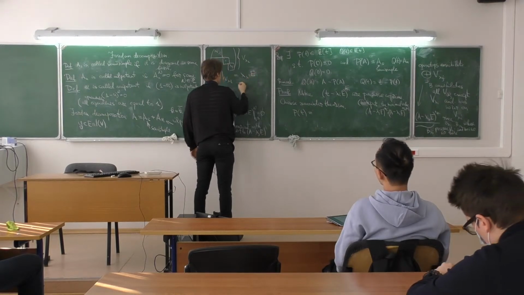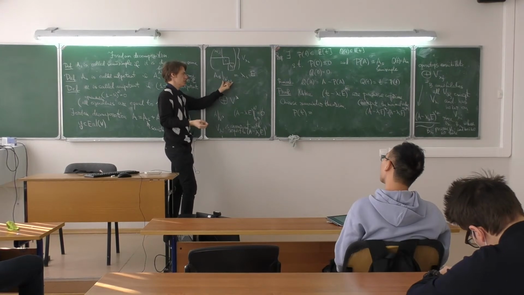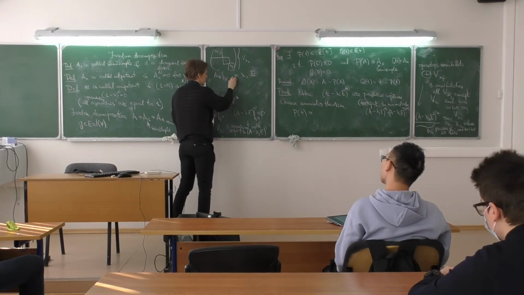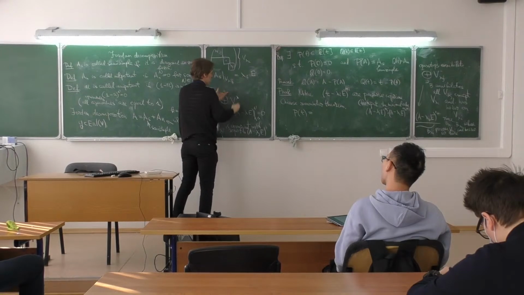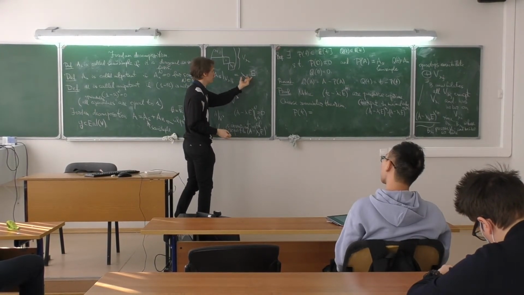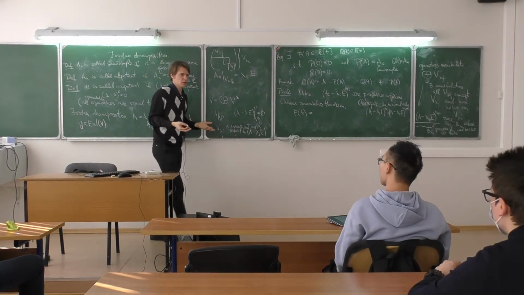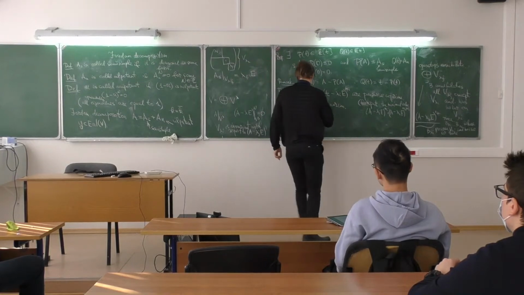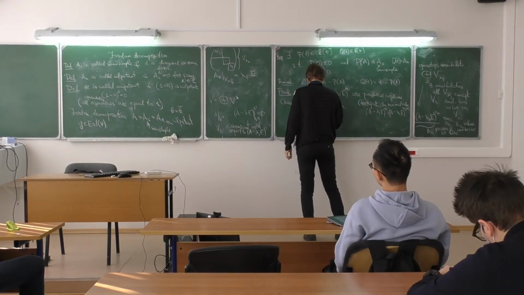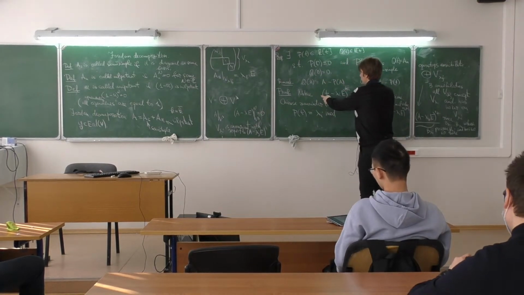So if you restrict the semi-simple part to the corresponding eigenspace, then you get that it is just lambda 1 times identity. And you search for P of t to be the following polynomial. So it is just lambda I modulo this kind of polynomial.